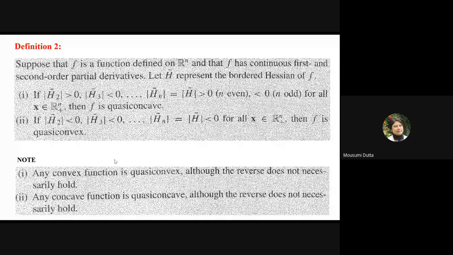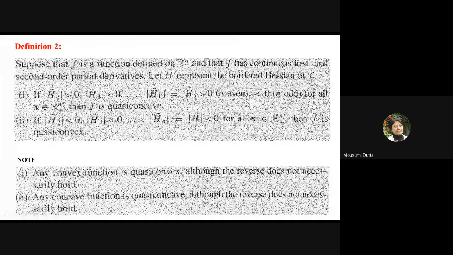Suppose that f is a function defined on real space and that f has continuous first and second order partial derivatives. This is a must. Here, H bar represents the bordered Hessian of f.